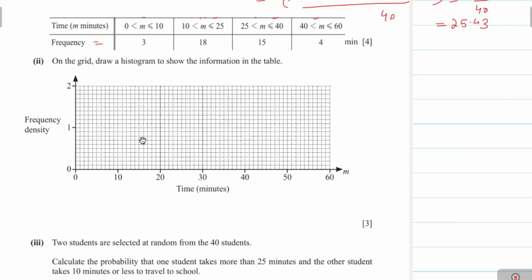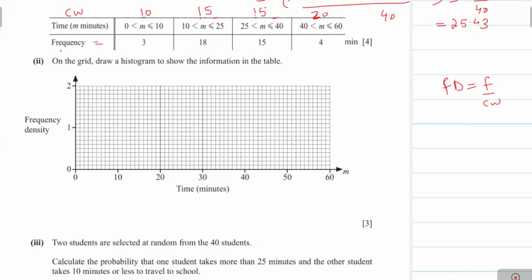To draw the histogram, firstly, we have to calculate the frequency density. Frequency density is equal to frequency divided by class width. Therefore, firstly, we find the class width. The class width of this interval 0 to 10 is 10. 10 to 25 is 15, 25 to 40 is 15, and the next 40 to 60 is 20.